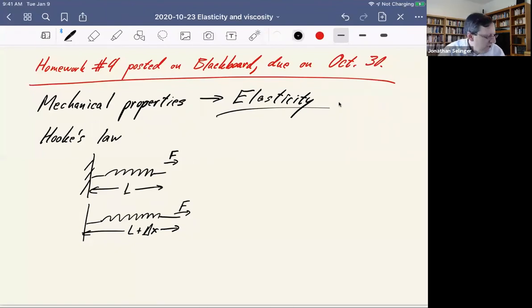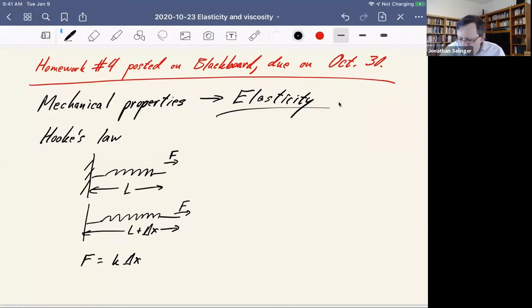And so Hooke's law says that delta X is related to the force by F equals K delta X. Okay, so this is probably familiar to most of you from basic physics classes.